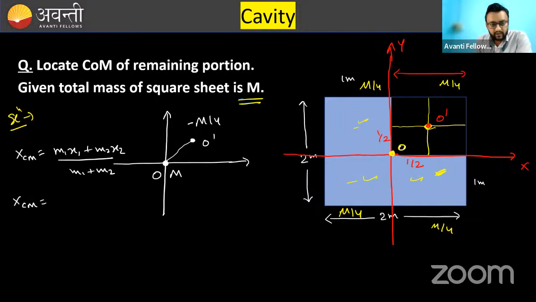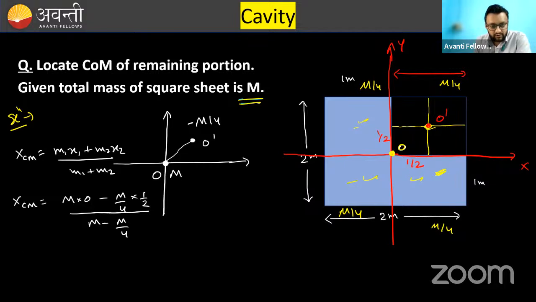XCM is equal to. This mass is m. Its x coordinate is 0. Second mass is m by 4, negative m by 4. And its x coordinate is what? 1 by 2. Divided by total mass, m minus m by 4.